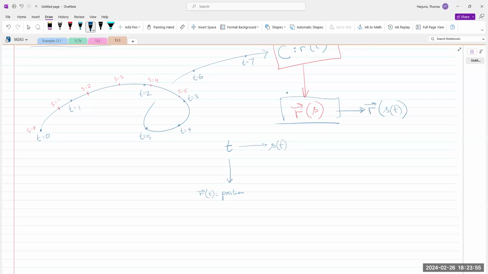Now, the question is, if we know how far you travel, can we find your position? Okay, so now we have position in terms of how far you already traveled.